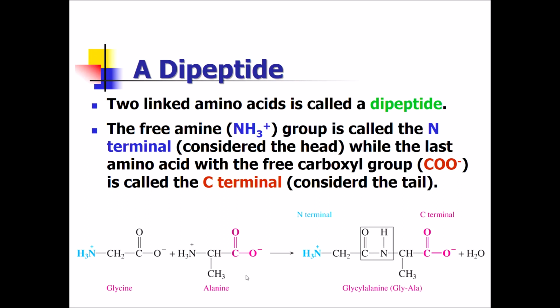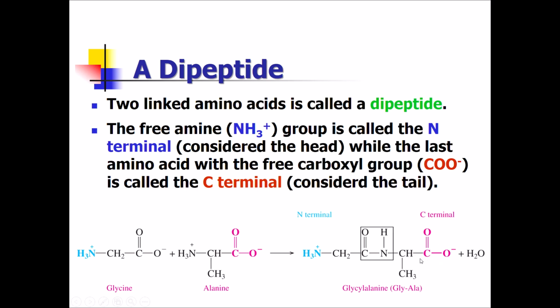We also have what's called the free amine side. So if we join again glycine and alanine, they're showing the same ones together, we get what we call the N-terminal. The N-terminal means it's the free nitrogen side. And then we get the free carboxyl side, or the C-terminal we call it, on this end.